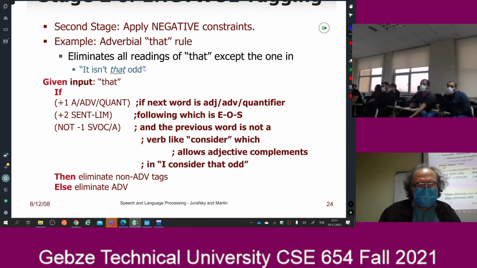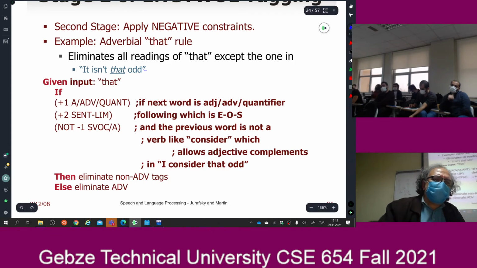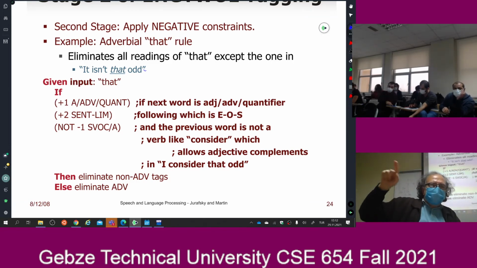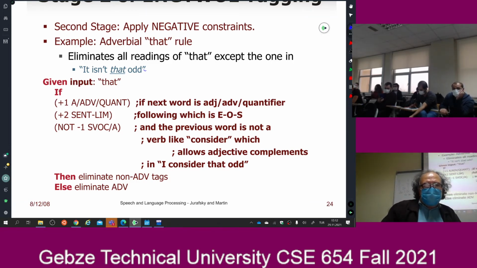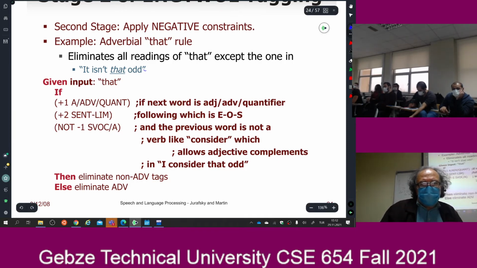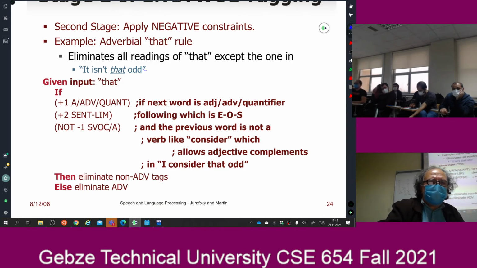You have written code in Lisp. Very important language, don't forget about it. So this is expressed in Lisp. +1, +2, adverb. If the next word is adjective, adverb, or quantifier, so +1 means that whatever comes after that is adverb, adjective, or quantifier. And after that, if I have an end of sentence mark, right?